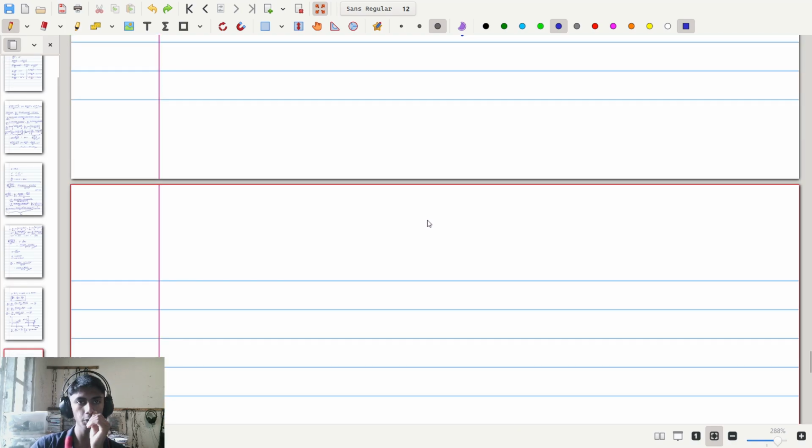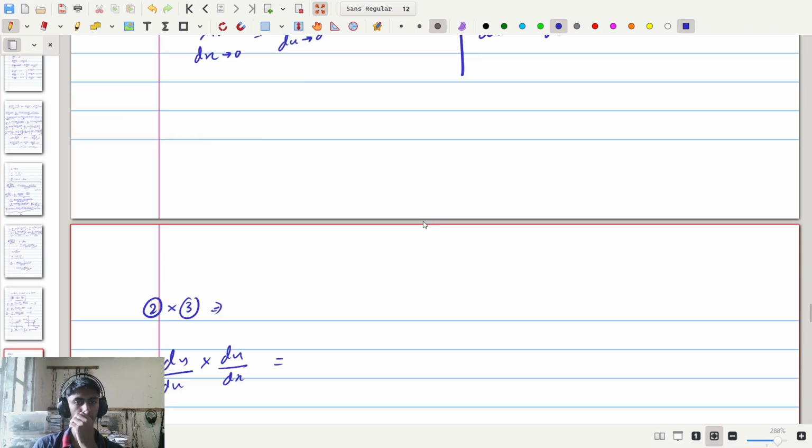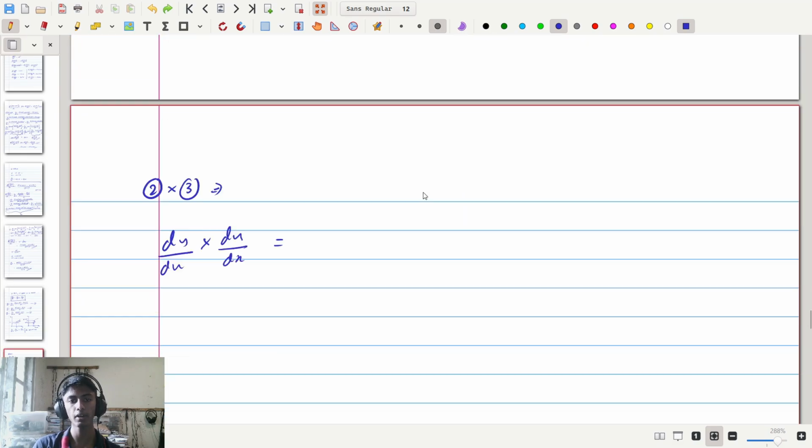Doing that, if we take 2 times 3, what we have on the left hand side is dy by du multiplied by du by dx. And then substituting the limits that we have here, the first limit is the limit as du approaches 0 of this thing here, which I'm going to write down. This is the limit as du approaches 0 of f of u plus du minus f of u divided by du.